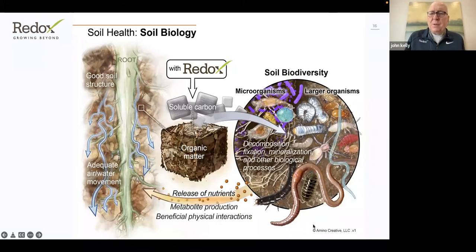The answer is very simple. If we have good, beneficial, high levels of microbial activity in our root zone, the microbes, like the plant, require nitrogen. And as this nitrogen becomes available in a free form, microbes will incorporate this nitrogen into their biological cycles, and it'll stay put in the root zone. And then we reduce the ability for that to volatilize or to leach. So a very, very key component.